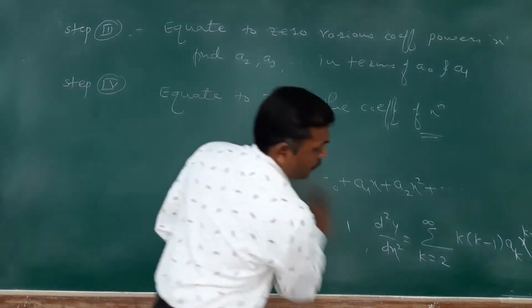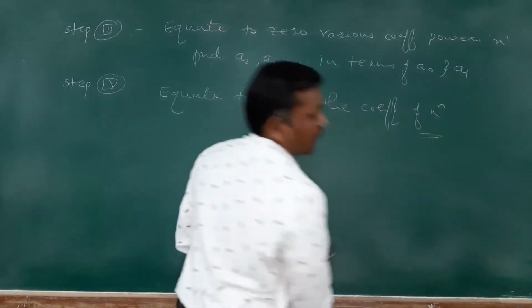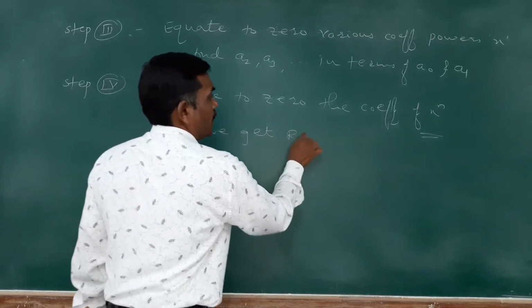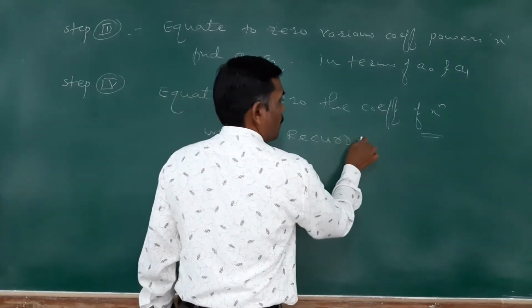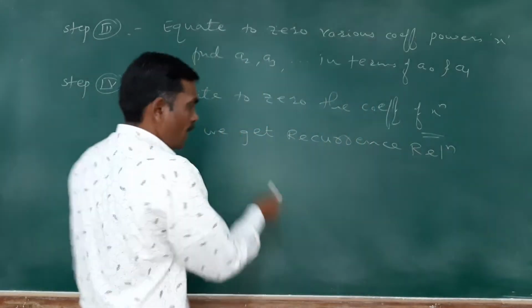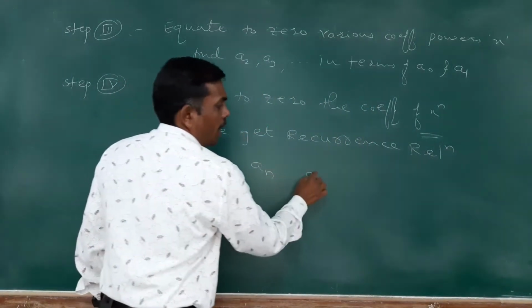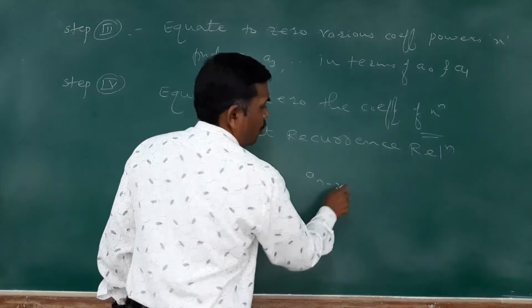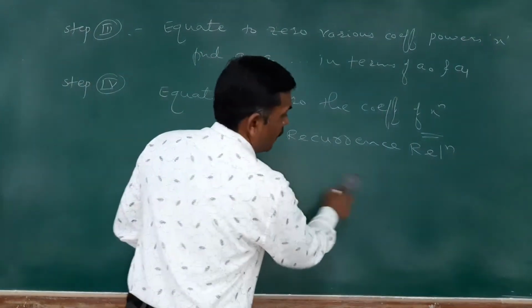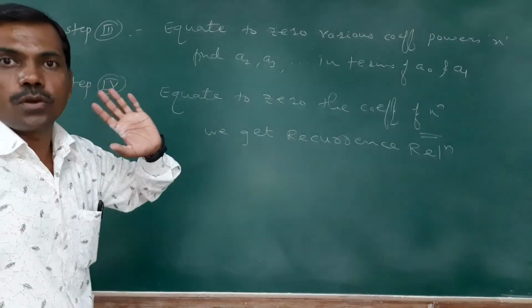What we get? We get a recurrence relation. Recurrence relation means what? What is my recurrence relation? Means I get a relation between an and an minus 2 or an plus 2. Clearly, and from that I can find the values of the constants.